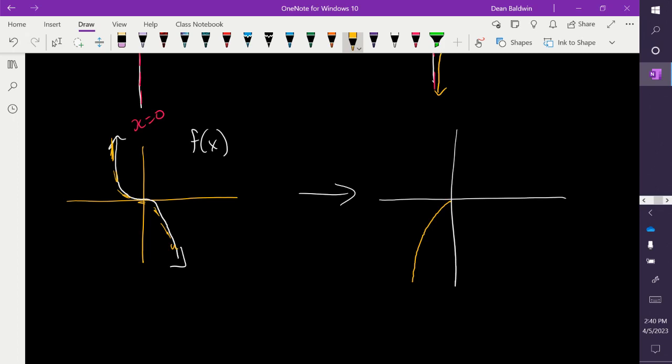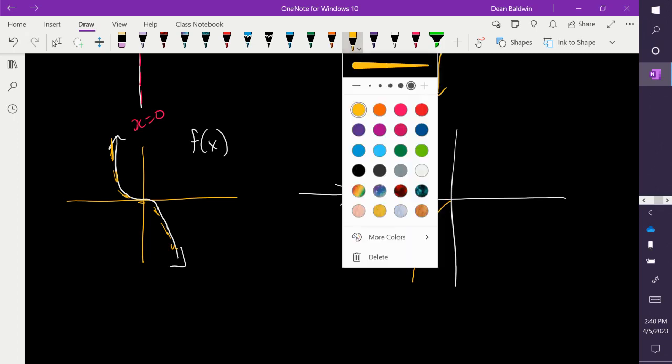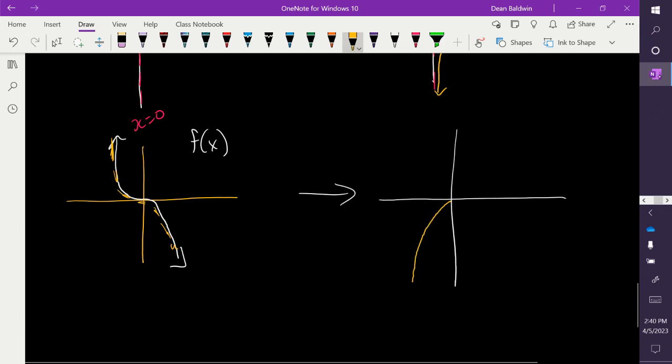So the graph literally just does this. Do you know what the equation of this graph is, Matthew? x cubed. Yeah, in fact, it's negative x cubed.